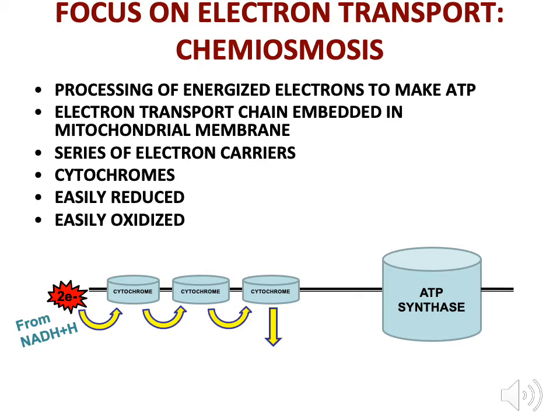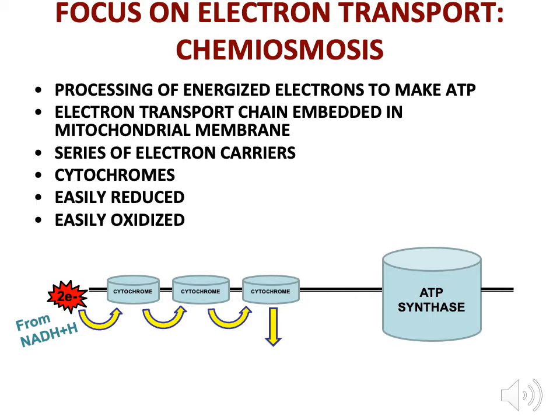If you take a look at our illustration, I'll clue you in on the illustration first, and then we'll look at the bullet points. The horizontal line that is extending along from the left to the right, that is an inner mitochondrial membrane. That's a membrane inside a mitochondrion, and it's got all kinds of things in it that are going to be critical to our being able to process those electrons and make ATP.